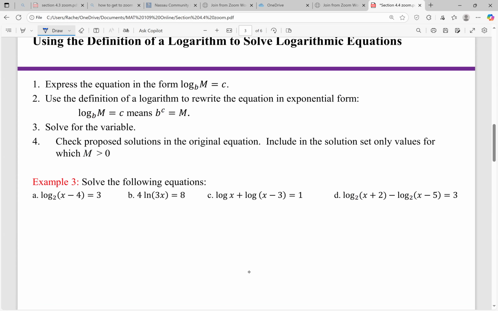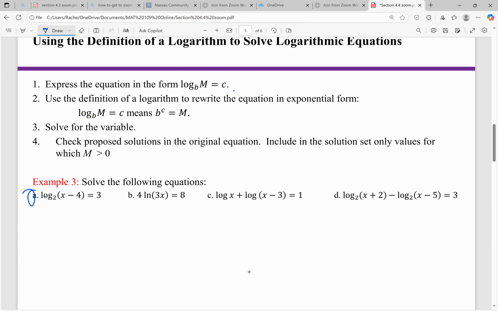So example 3a, we already have the form log base b of m, where m is x minus 4, is equal to 3, which is like c, right? Rewrite this log statement as an exponent. And we practiced doing this in the previous sections.